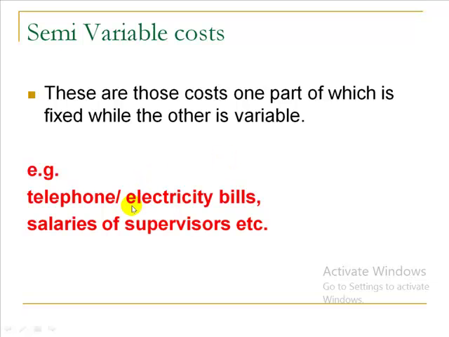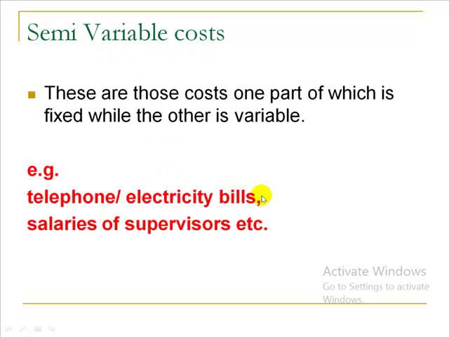When we consume more units of electricity, what will happen? We will pay more based on the units which we have consumed. So the electricity bill is one example of semi-variable cost. Why?